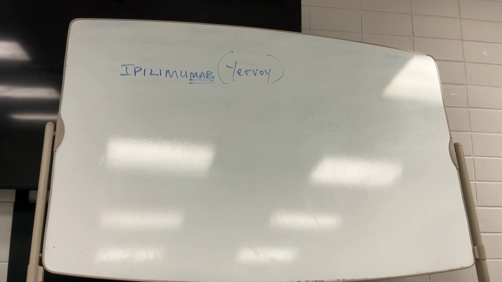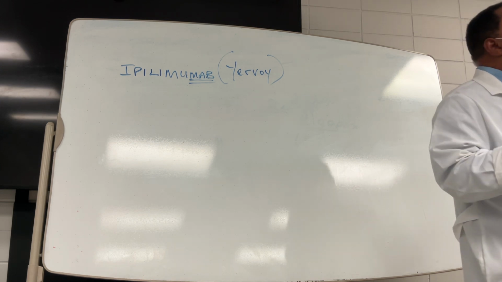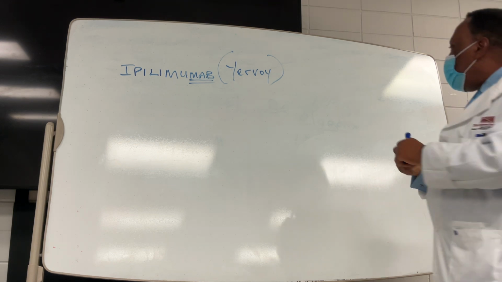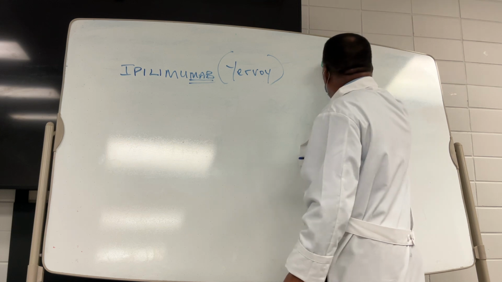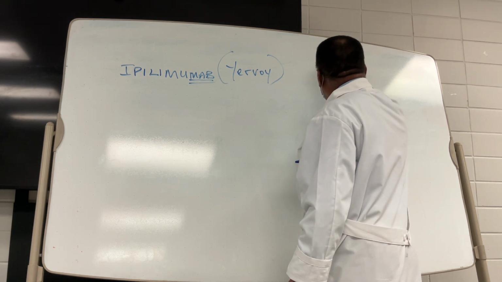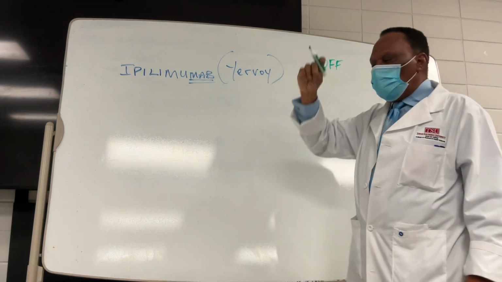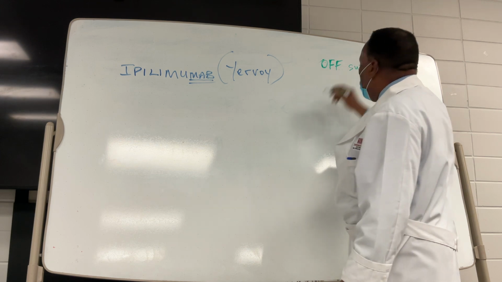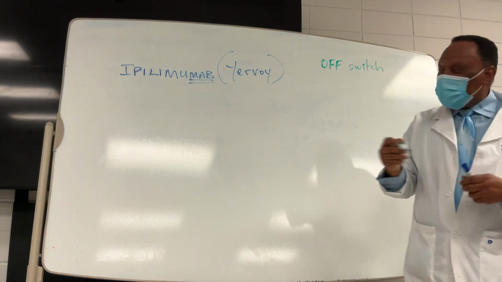The reason your immune system, say your T cells, don't attack your normal cells is because you have a system that you call the off switch for your T cells.